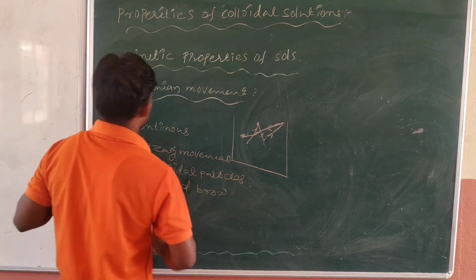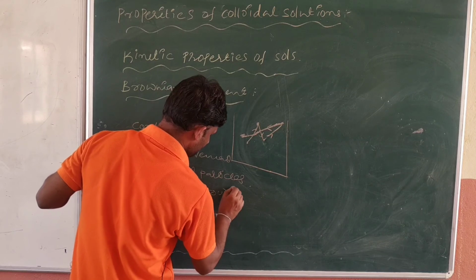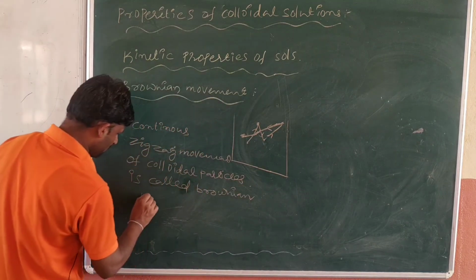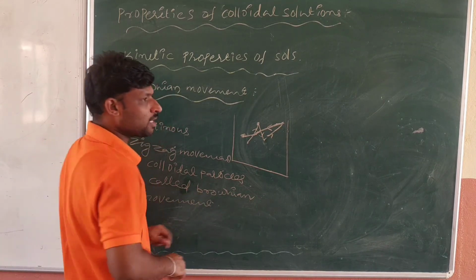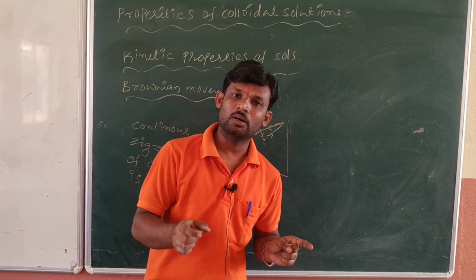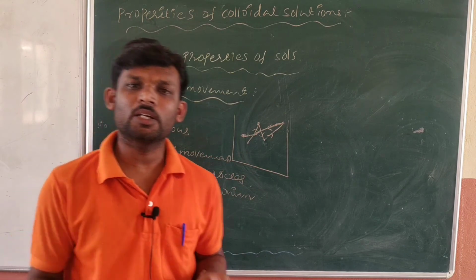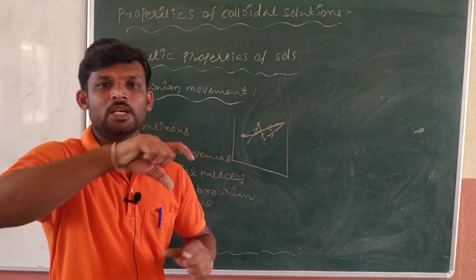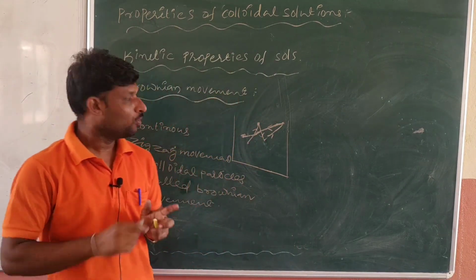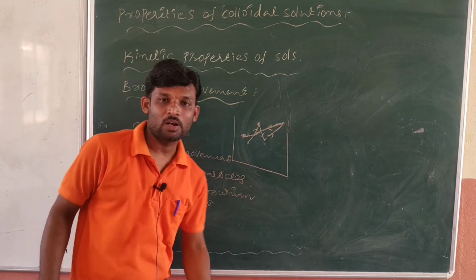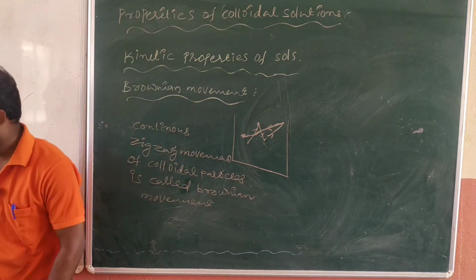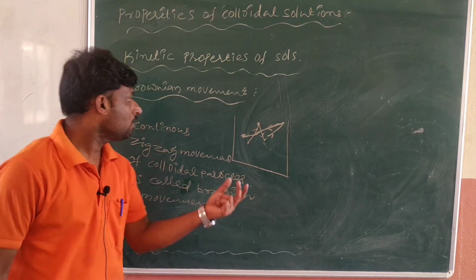These particles are not stable and not located in one place; they move continuously in a zigzag manner. It was observed by the scientist Brown, so this movement is called Brownian movement. Generally, it depends upon the particle size.